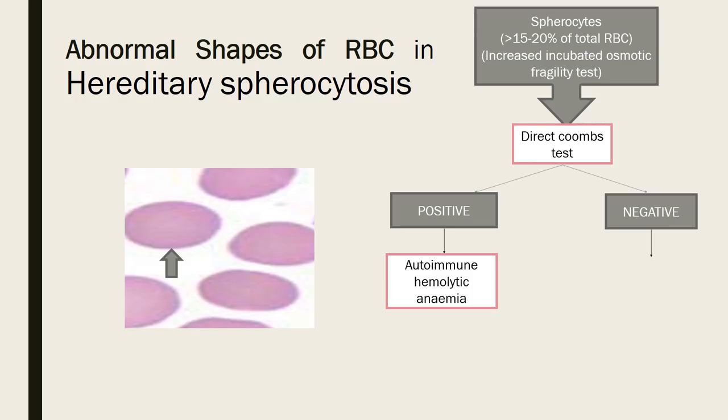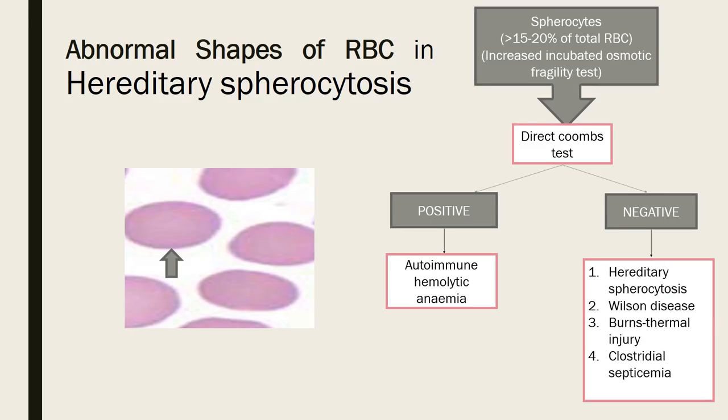If it is negative, then you have to think either hereditary spherocytosis, or it may be due to Wilson disease, or it may be due to burns, thermal injury, or clostridial septicemia. So according to the other presentation and clinical history, we have to differentiate and go for the specific test for hereditary spherocytosis if the spherocytes are more than 20% of total RBC.